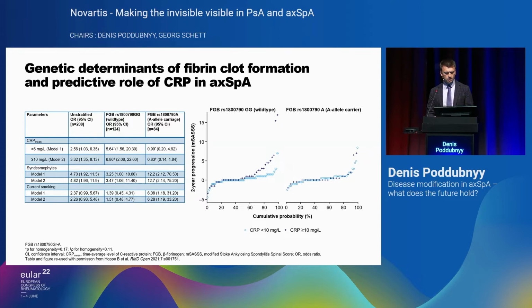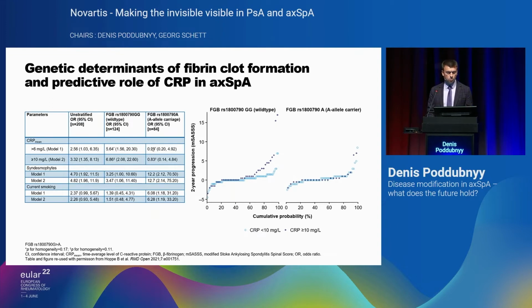And what we could find out here, that in patients with so-called wild type of one of the genes determining the density of the fibrin cloud, the predictive value of CRP was very high, as reported previously. So higher level of CRP meant in those patients more structural damage progression.